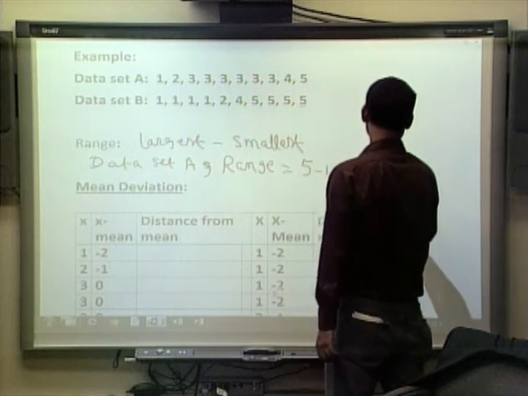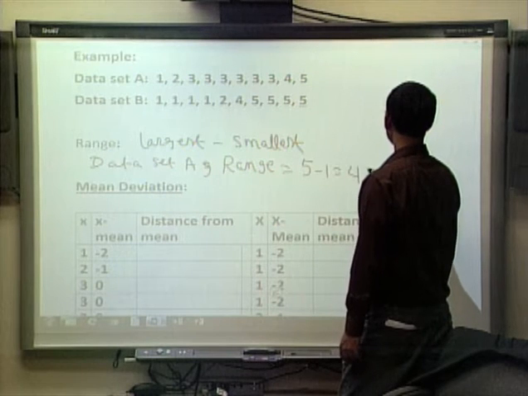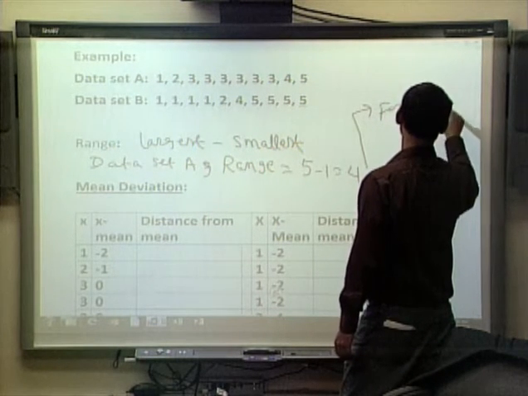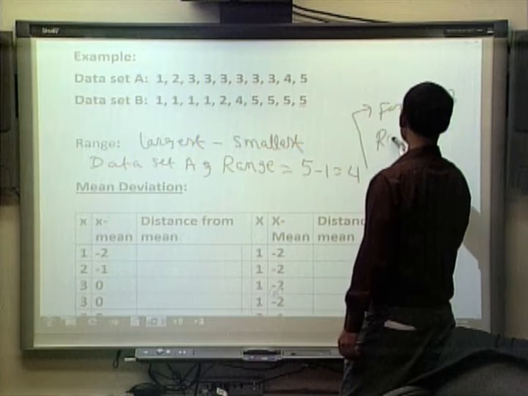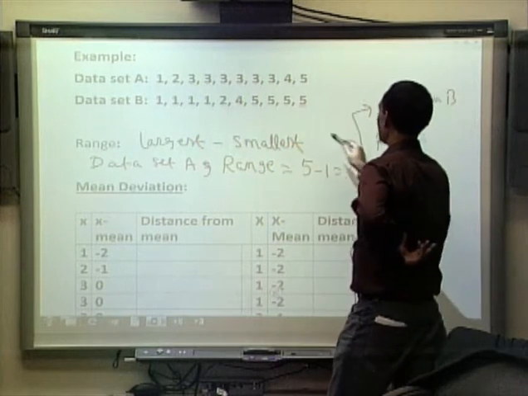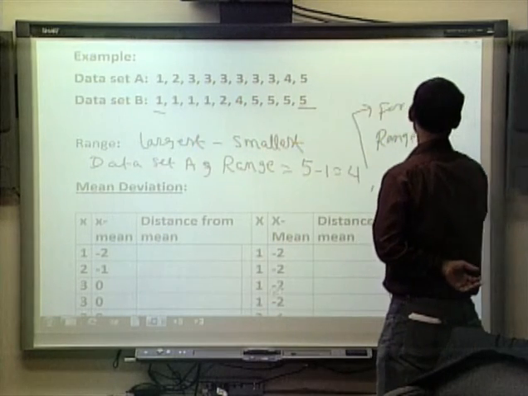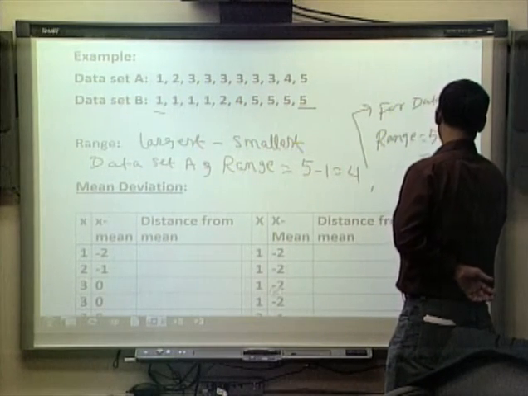And for data set B, if we do the same thing, the largest is 5, the smallest is 1, so it is again 5 minus 1, that is 4.